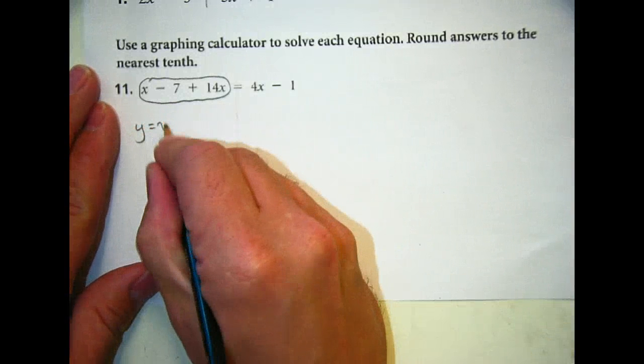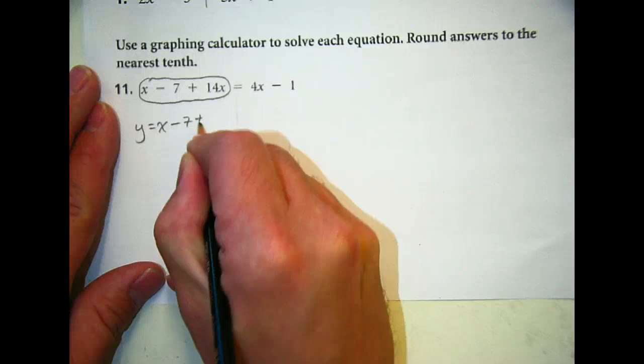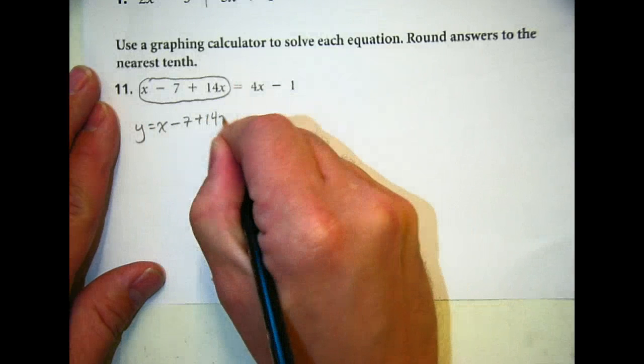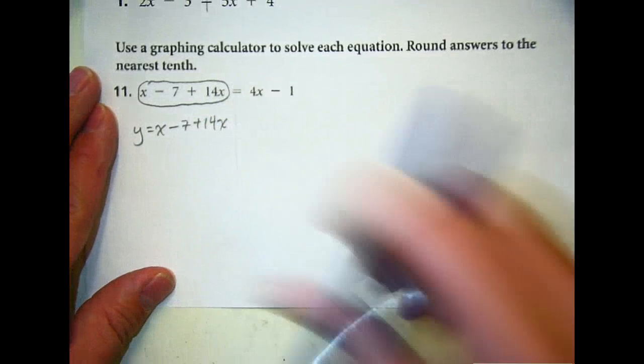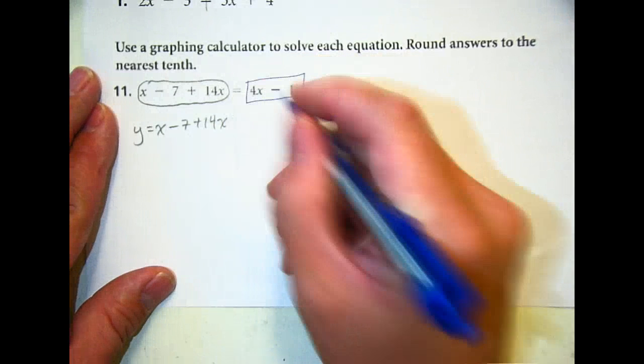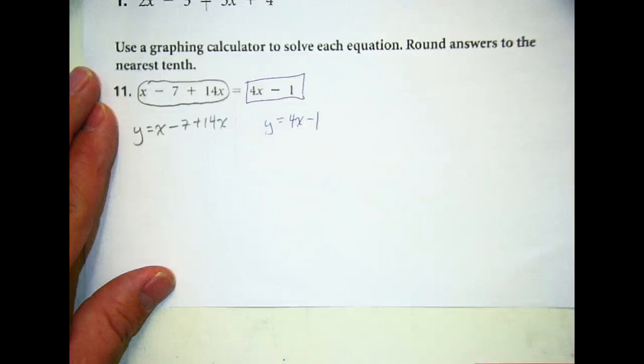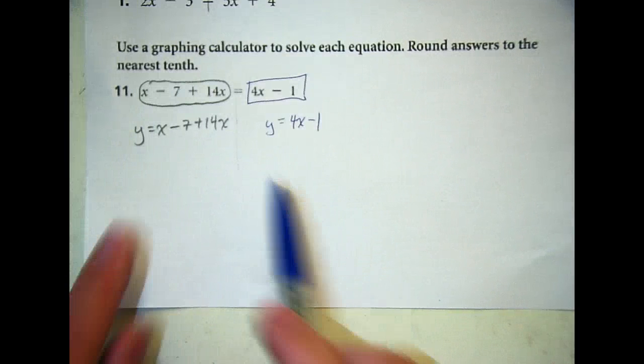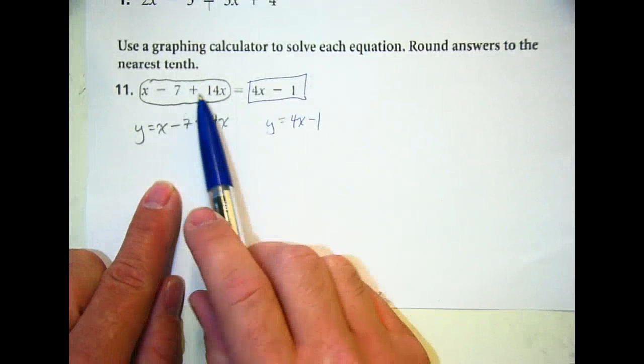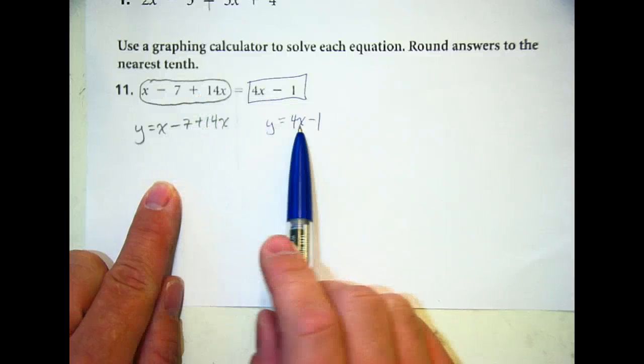Y equals x minus 7 plus 14x. And then I'm going to take this side right here, and I've got to think of that as y equals 4x minus 1.